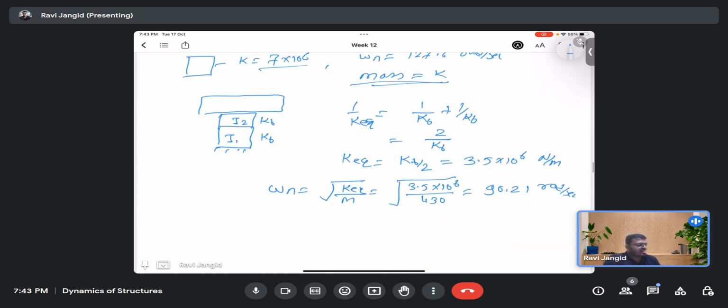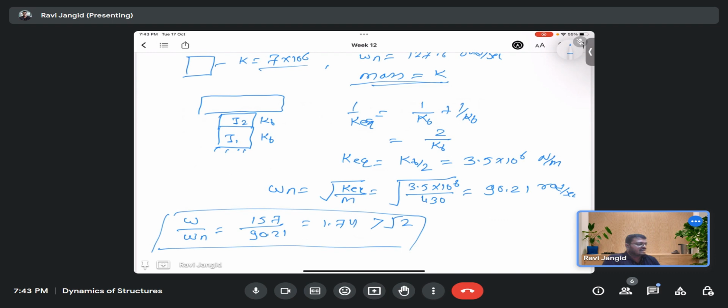Now calculate omega by omega n. Omega was 157 and omega n is 90.21. Now it is 1.74, which is greater than root 2.